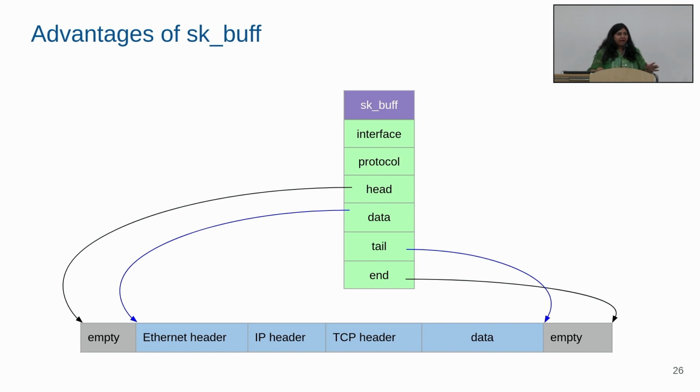Now why is this structure so popular and why is it important? What are the advantages of doing this? Let's say you have two kernel applications, both of them want to use this particular packet. Let's say you have opened two processes for tcpdump, listening to different interfaces, and both of them are looking into this same packet.